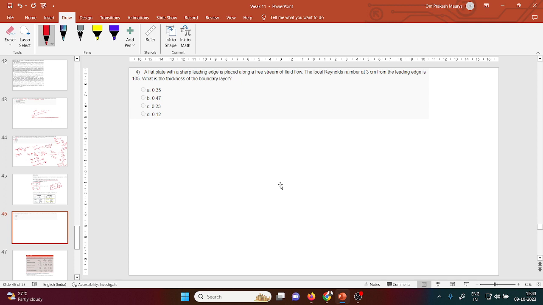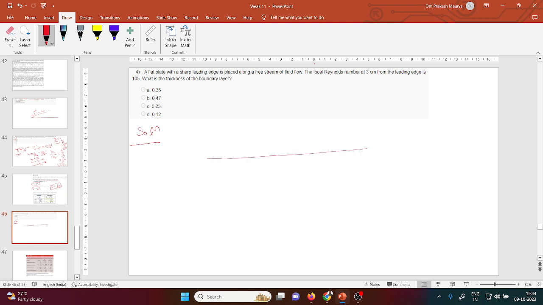Now, question number 4. A flat plate with a sharp leading edge is placed along a free stream of fluid flow. One plate is placed.